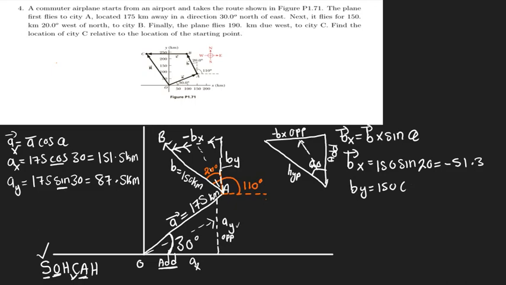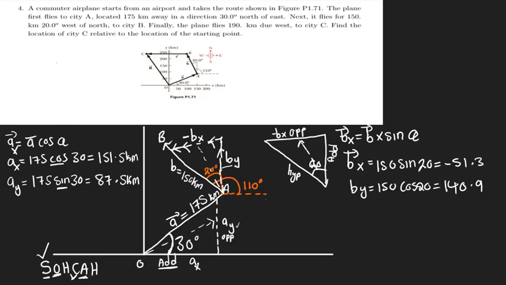That is why we are going to multiply it by cosine. Because it was going upward, it's going to be a positive vector. 150 cosine 20. And we get 140.9.